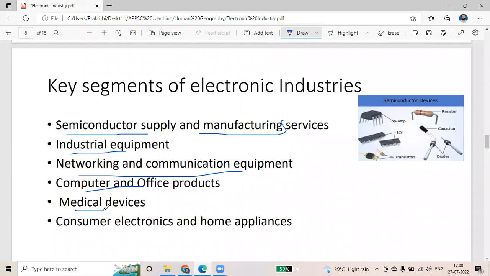There are multiple medical devices being used. Then consumer electronics and home appliances like TV, washing machine, fridges, many kinds of electronic devices. So these are some of the key segments, and we have most customers in India.